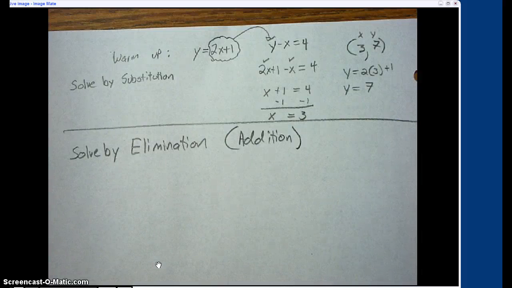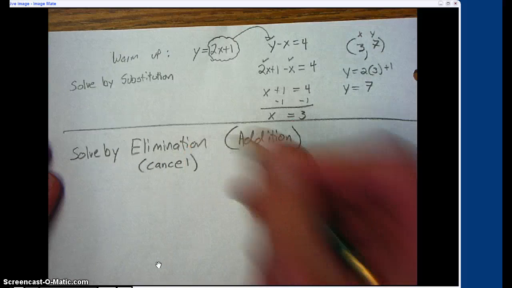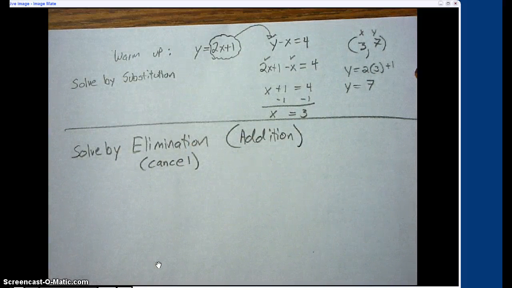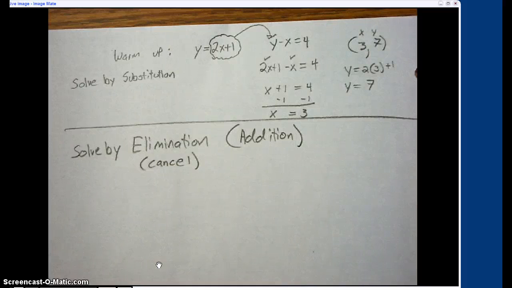If I say eliminate a variable, there's a C word that sometimes we use. If I said positive x and negative x, what do they do with each other? They cancel. So everybody, cancel is the key to understanding the word elimination. They cancel. Okay, so your first problem that I want to do with you as an example is this.